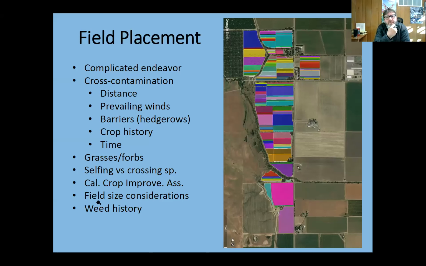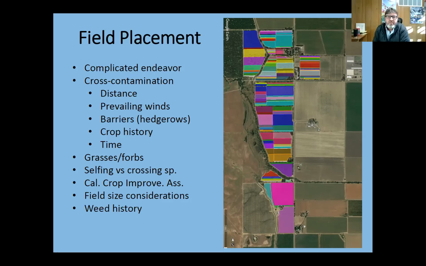Okay, so one of the more complicated endeavors associated with growing out seed of known genetic origin is the placement of the fields. If you look at that colorful map on the right-hand side, each one of those different colors is either a different species or a different ecotype. It gives you a sense for just how much is going on on a native seed farm in order to think about how to maintain those local genetics and how to maximize yields and the quality of the material that's produced.